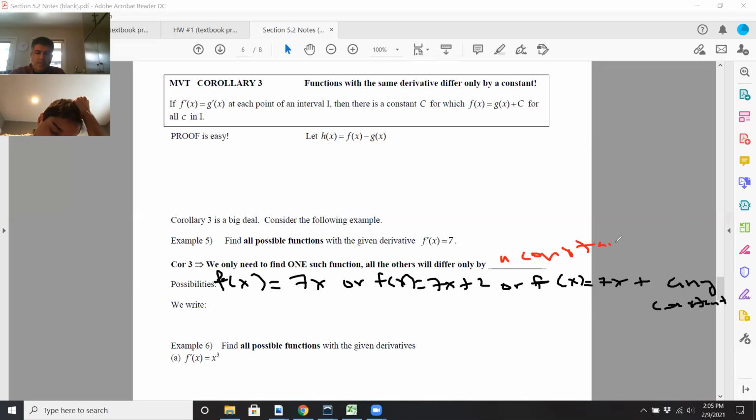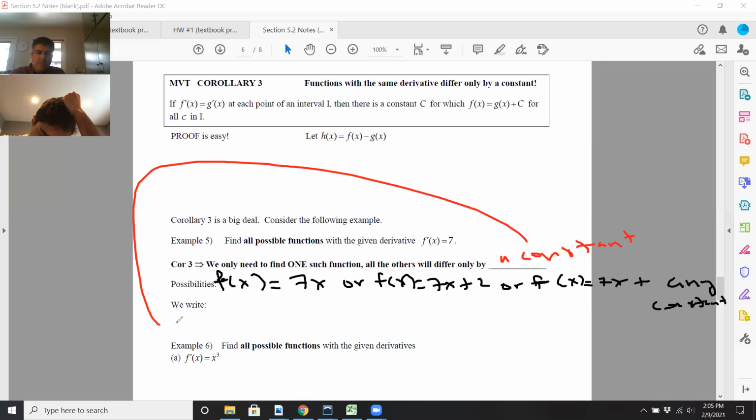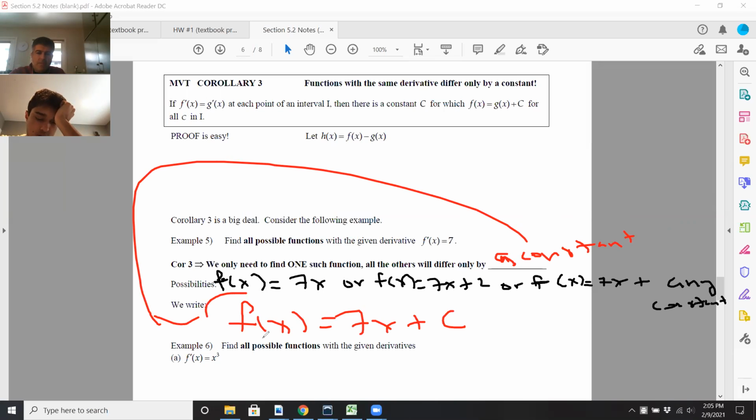So how do we write this? You write it as f of x equals 7x plus c. And that's considered the family of solutions.